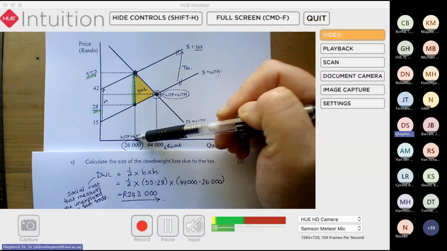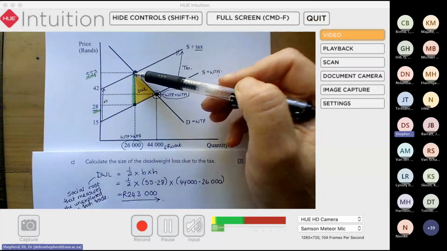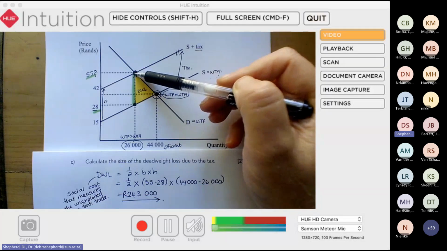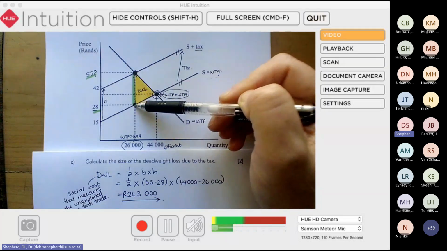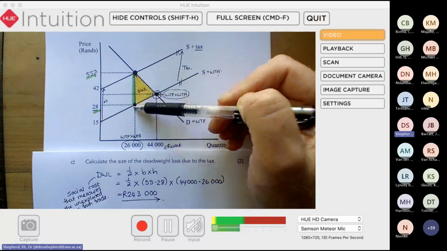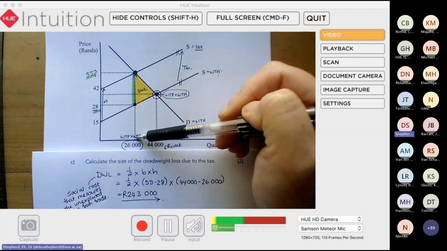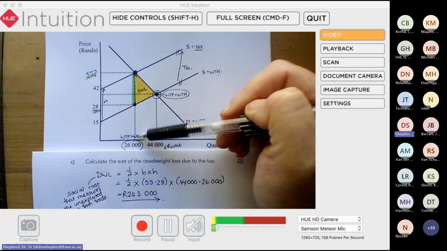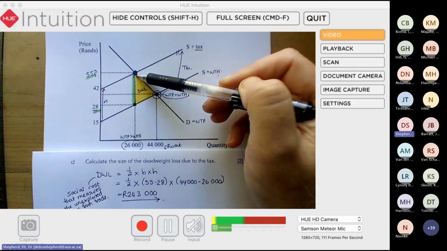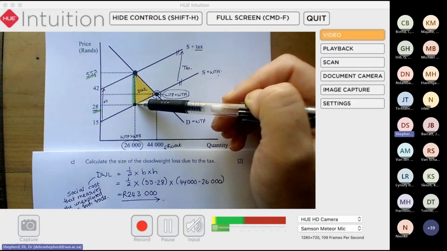So when this last pizza was sold, the buyer paid more than what the seller was willing to accept. And so there is a surplus. Even if we had to sell one more pizza, so 26,001 pizzas, that willingness to pay would still exceed the minimum price willing to accept.